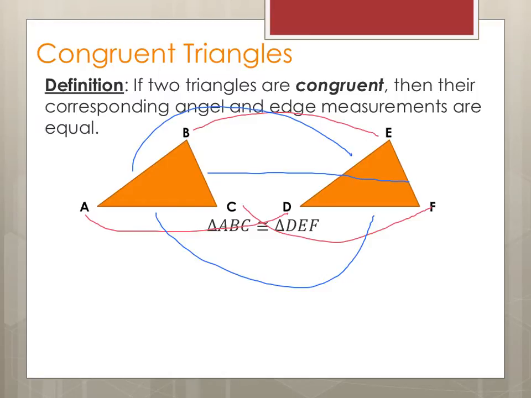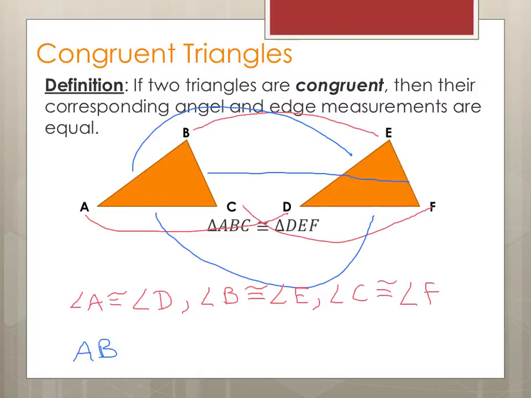Let's start with the angles. We're going to say that angle A is congruent to angle D. Angle B is congruent to angle E. And angle C is congruent to angle F. Now for the sides, AB is congruent to DE.